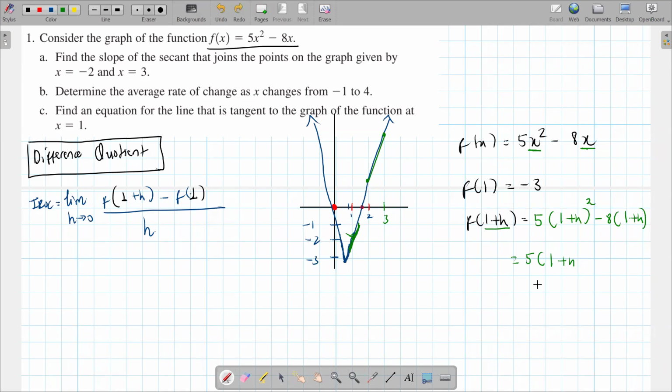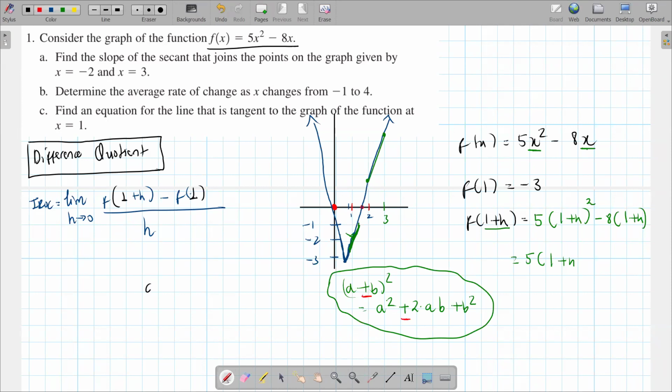It's not only 1 squared plus h squared. A plus b whole squared is going to be a squared plus 2 times the first term times the second term plus b squared. You might as well memorize this. It's very useful. And if there's a minus sign, the only thing that changes is the first plus becomes a minus. Everything else is exactly the same.